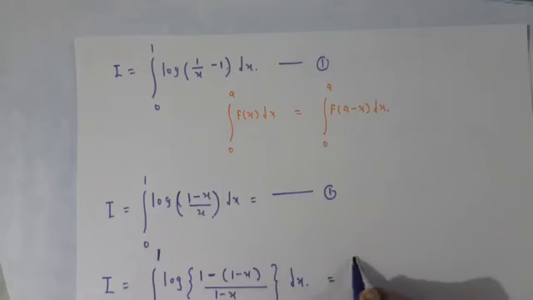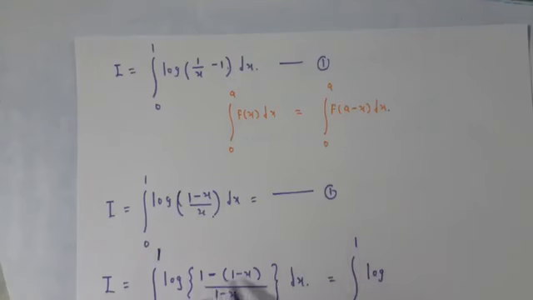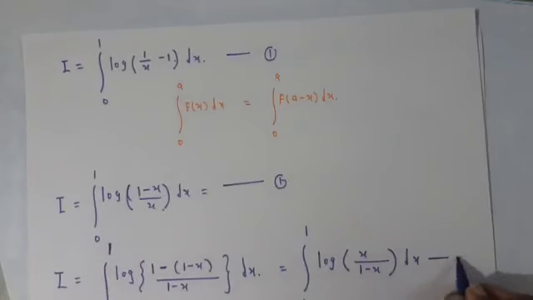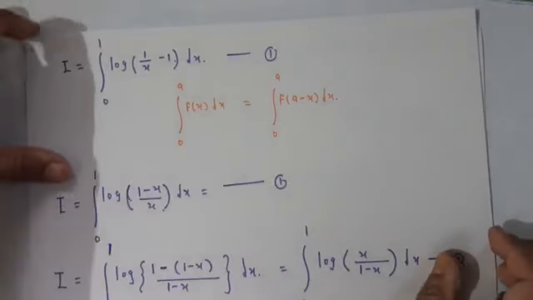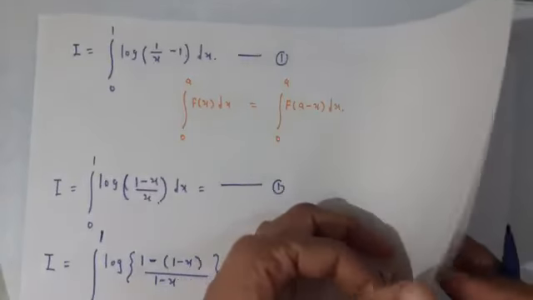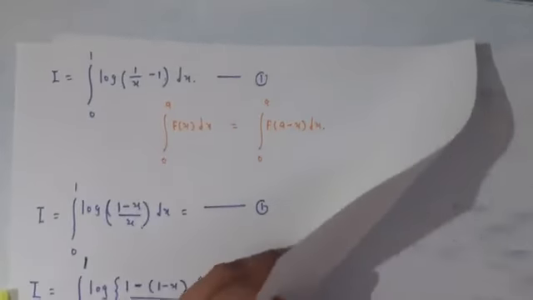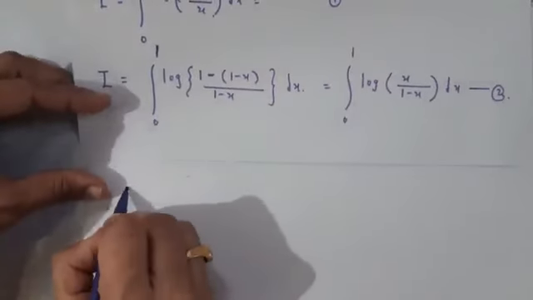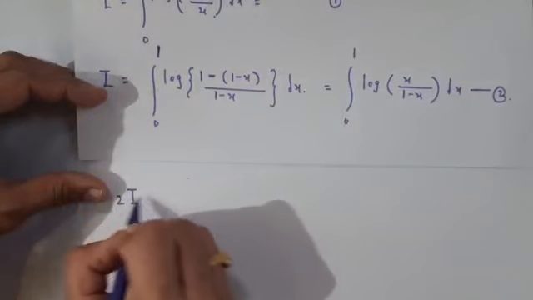In this way, this is the second. This is equal to 0 to 1 log of x upon 1 minus x with respect to x. Now add 1 and 2, we will get I plus I, that is 2I.